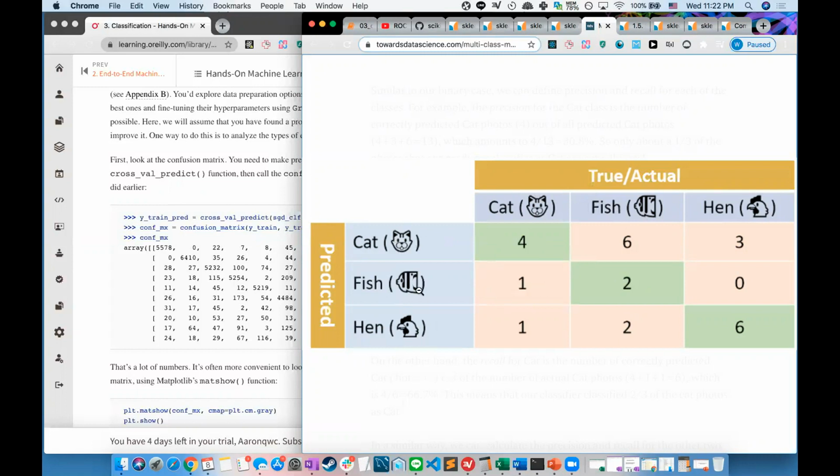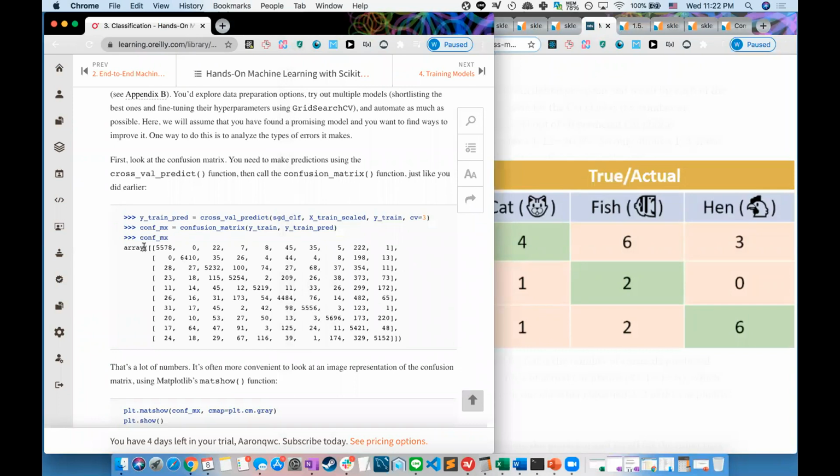So when the predicted matches the actual, that's on the diagonal, and when the predicted doesn't match the actual, you are off the diagonal. Basically, this is 0 to 9, and this is 0 to 9, and the diagonal tells you the number of cases where the predicted matches the actual samples.